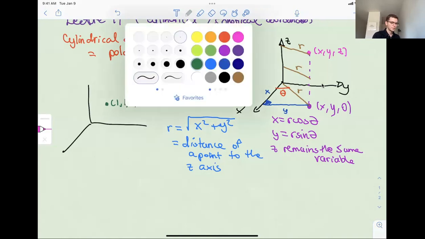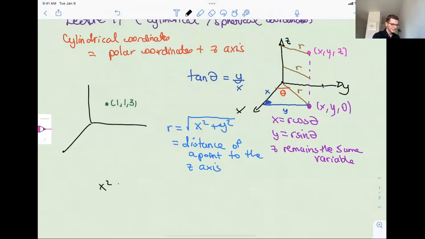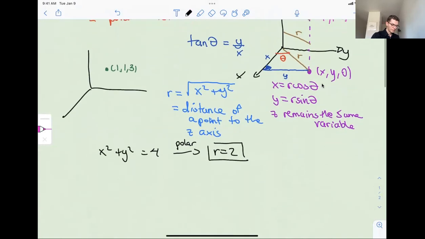Okay. So for example, this is what I mean. Remember that this in polar became r equals 2. Is that okay with everyone? Now, if you had something like this, in cylindrical, x squared plus y squared, you still change to their versions in polar coordinates.